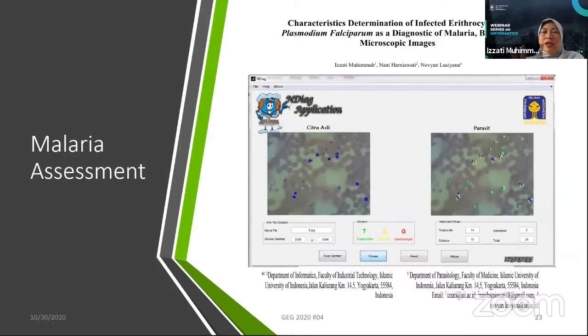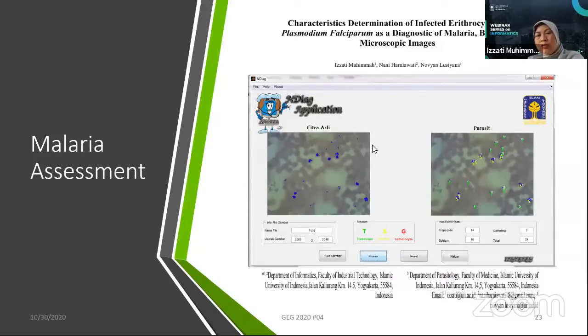Currently, we also investigate two other types of Plasmodium, which are ovale and another one, currently being done. I don't remember the name. There are 3 types that we investigate, but we've done the falciparum, and it's published in ICASI in India.